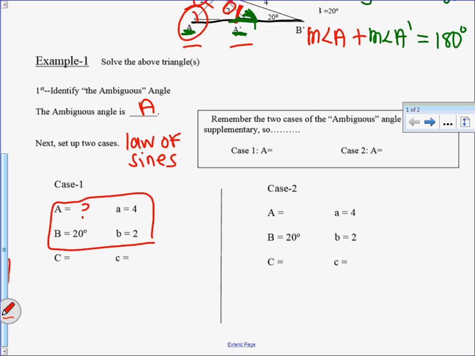So I'm going to write sine of 20 degrees, because I know that one matches with 2, is equal to sine of, I don't know what degrees, so A degrees over 4.